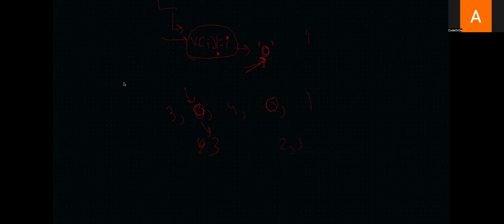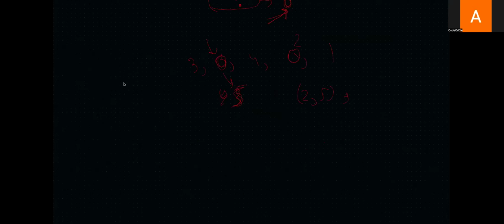These two are missing, so you will put 5 here and you will put 2 here. What I'm trying to say is that you just put wrong values at the zeros, the index which should not be here, you will put those. If you have count 0 greater than or equal to 2, you always have the power to put wrong elements.